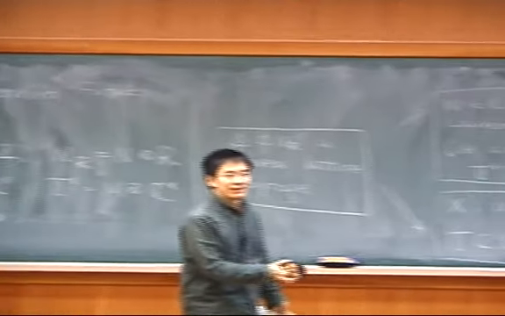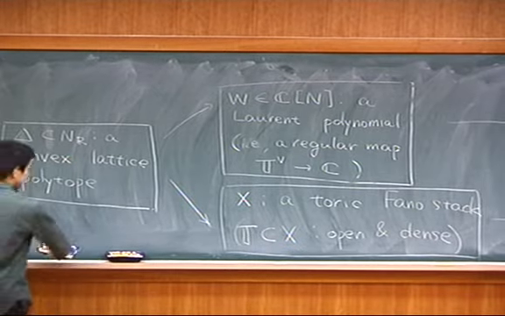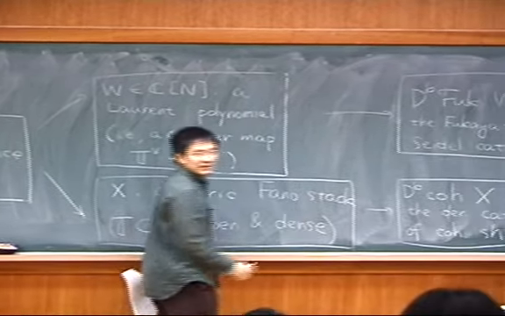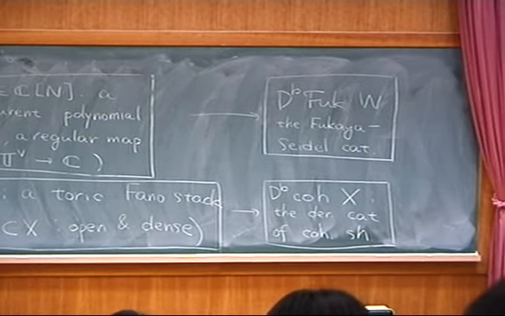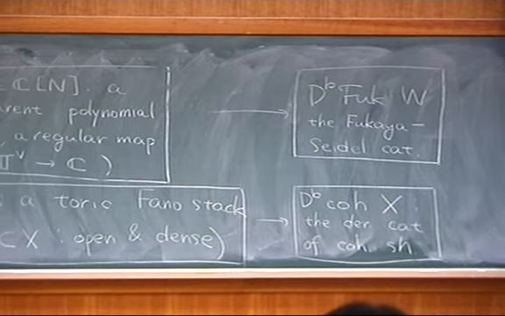Sorry? Is it reflexive polytope or not? Not necessarily reflexive. So if it's reflexive, then we get just a scheme and not a stack. But well, it's far more general.